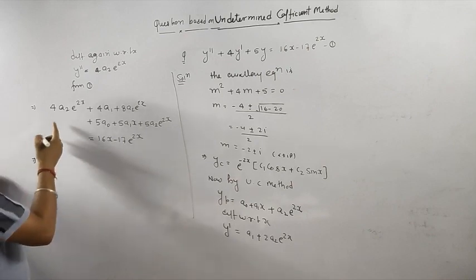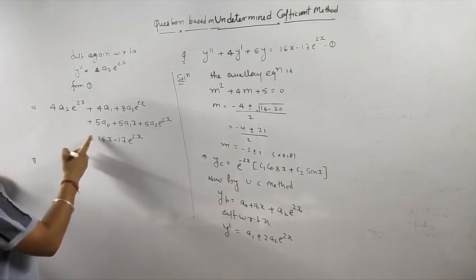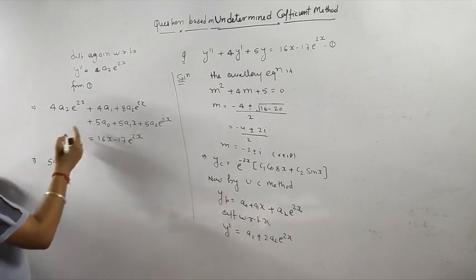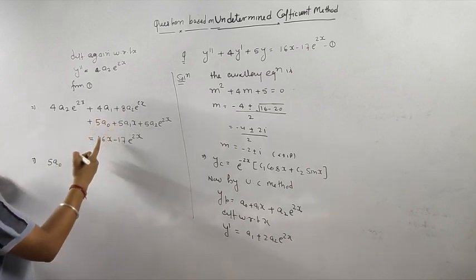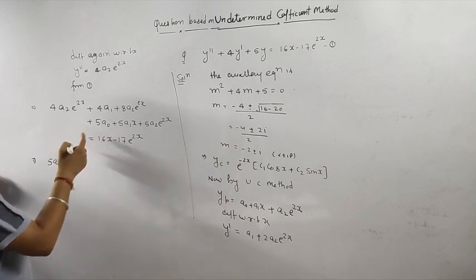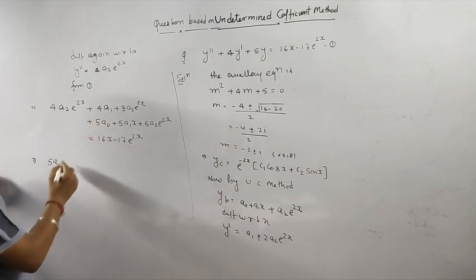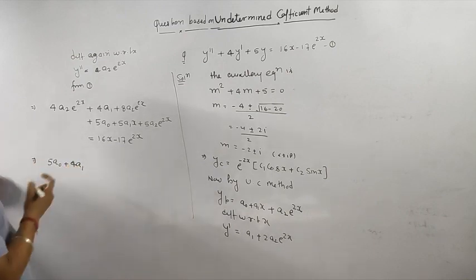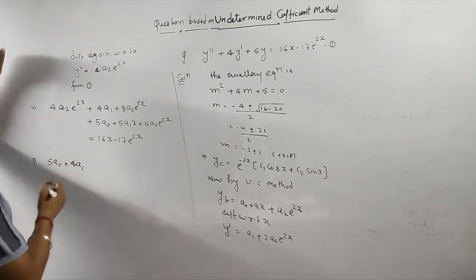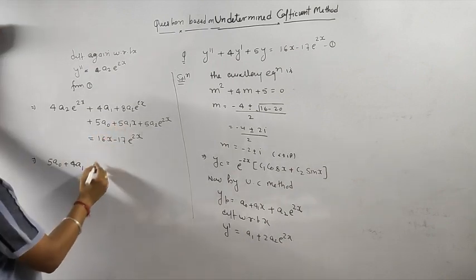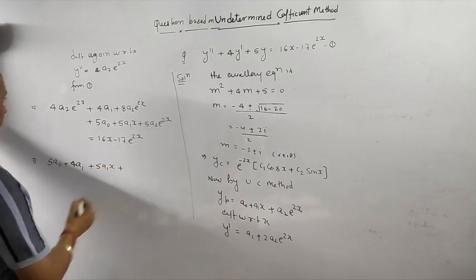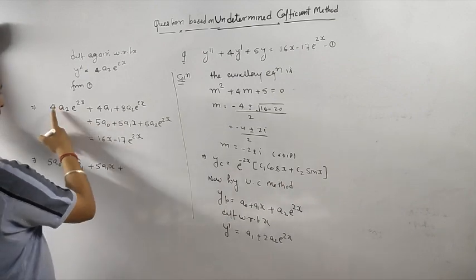Now simplify. How do we simplify? See, a0 only this, a1, 4a1. What is the constant part? 5a0 plus 4a1. What is the x coefficient? 5a1x. What is the e to the power 2x coefficient?